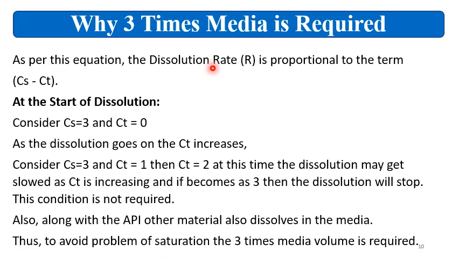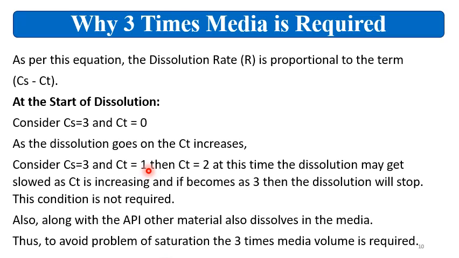As per the equation, the dissolution rate R is proportional to Cs minus Ct, and at the start of the dissolution, consider Cs as 3 and Ct as 0. That means your API is not going into solution at time 0. And if the saturation is 3, as the dissolution goes on, Ct increases. That means the drug will go into solution. Consider Ct is 1.